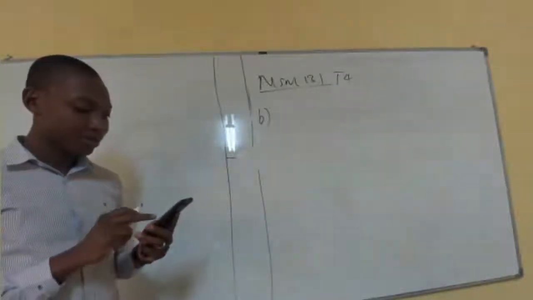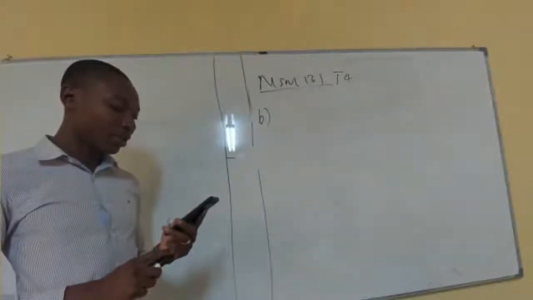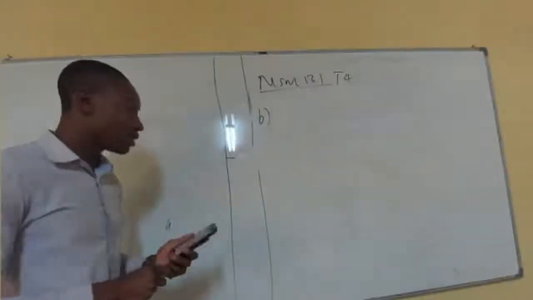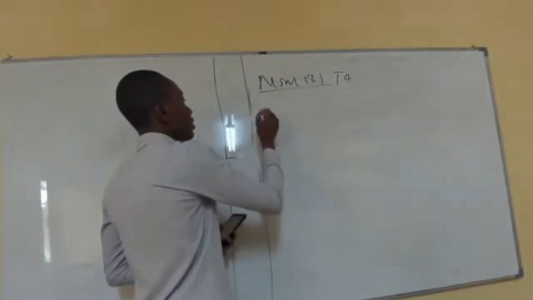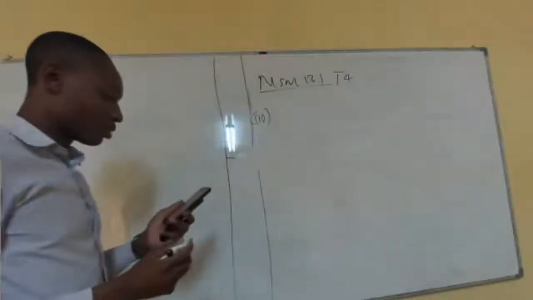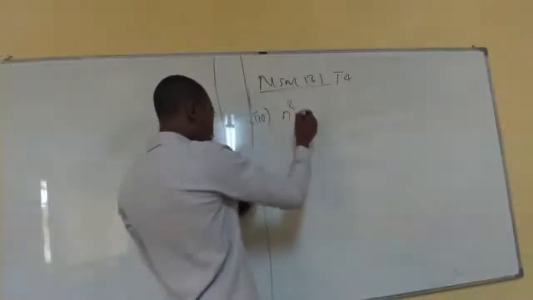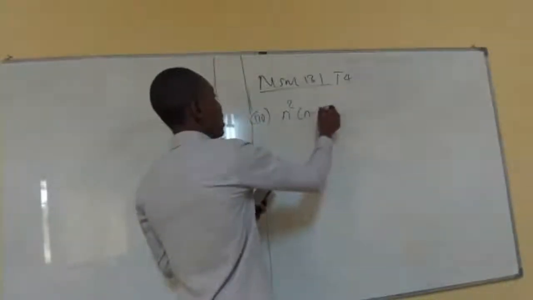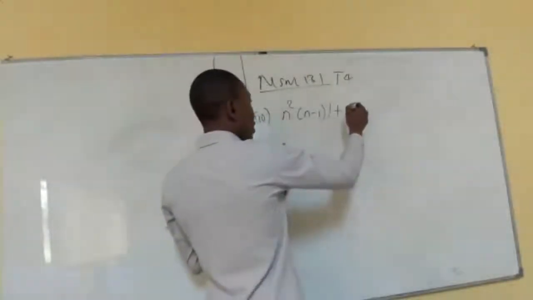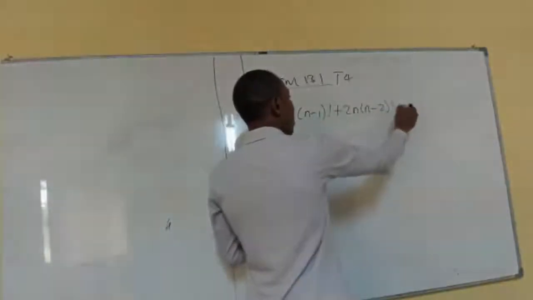Okay, so C says factorize completely the following. I'll just do part 2. Part 2 says n squared, n minus 1 factorial, plus 2n, n minus 2 factorial.